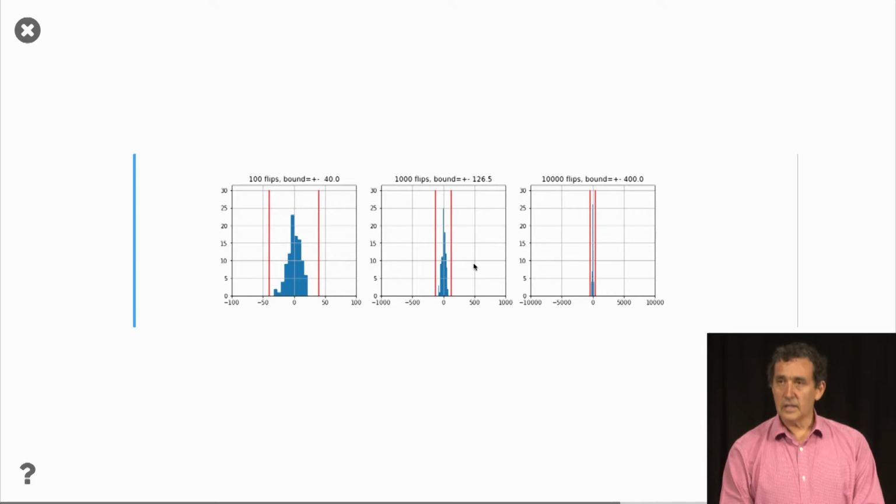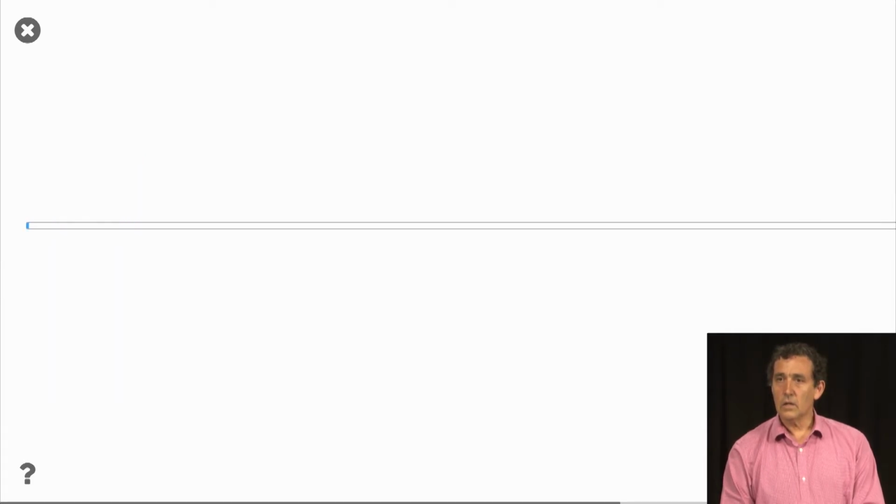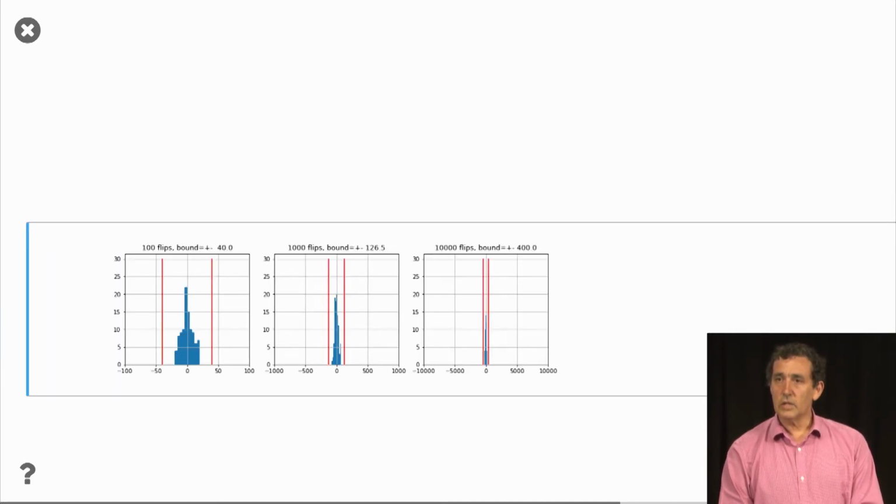So if I run it again, you get each time a different distribution, but the distribution is more and more concentrated if you flip the coin more and more times. And the width of this is 4 times square root of k. So you see that the more times you flip the coin, the closer it is relatively to 0.